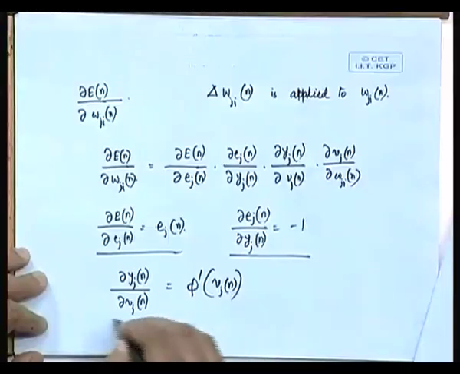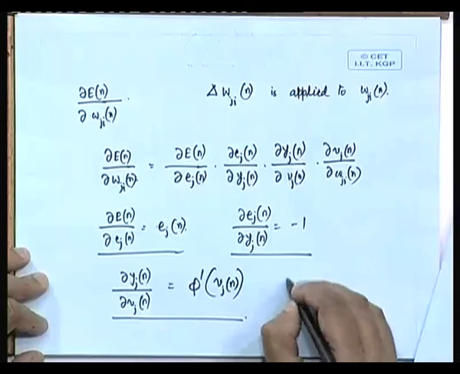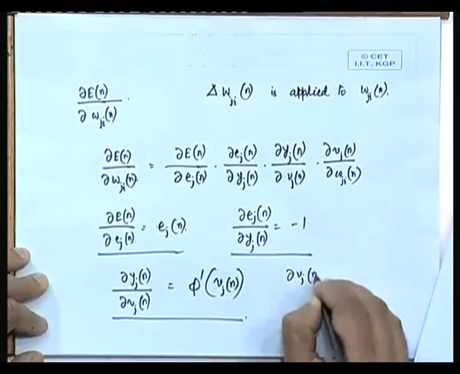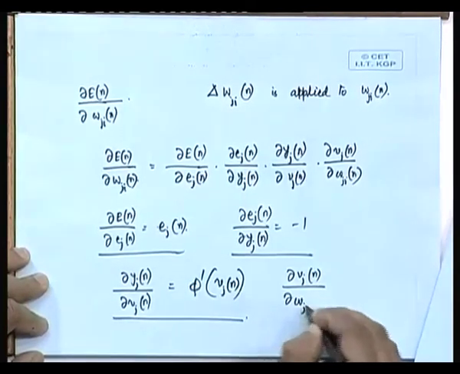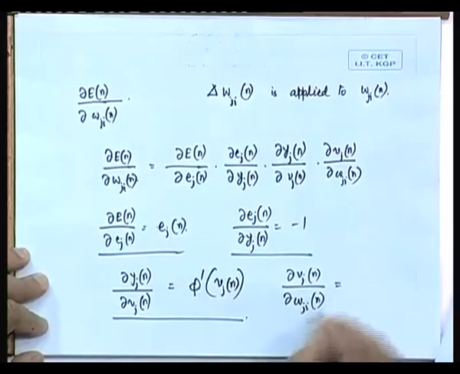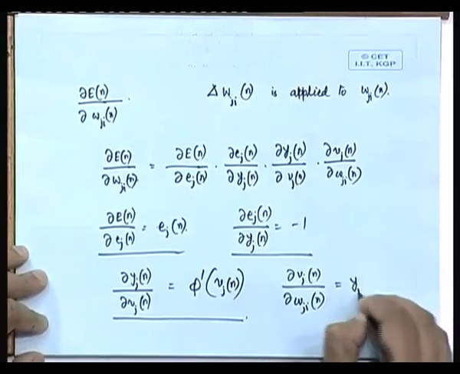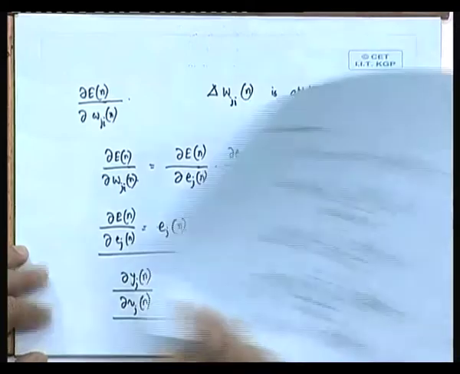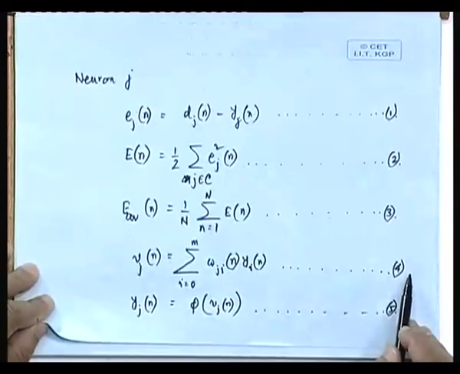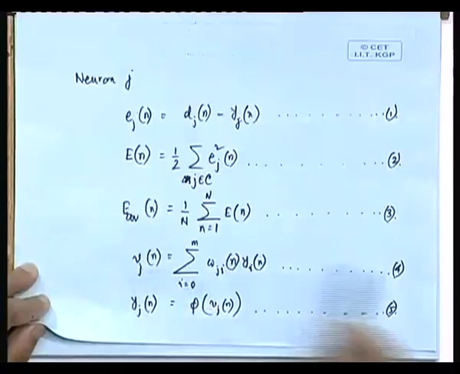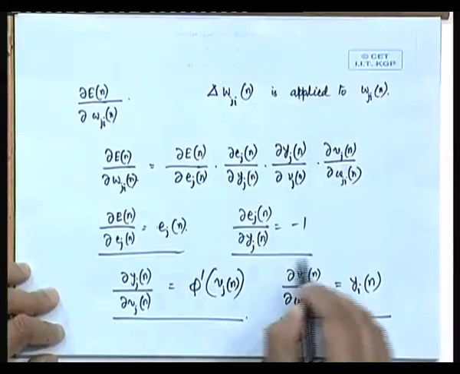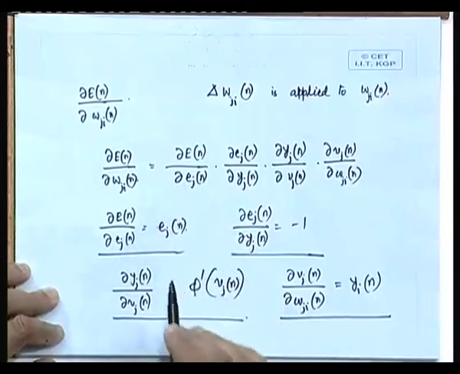The last term is dou Vjn dou Wjin, and that is simply equal to Yi of n, simply using equation number 4. Followed? So these are the 4 expressions that we compute.